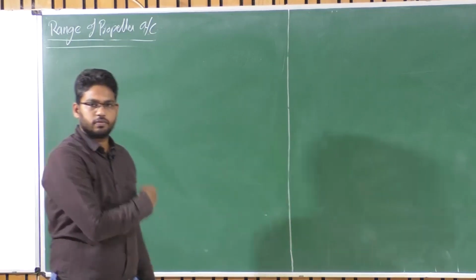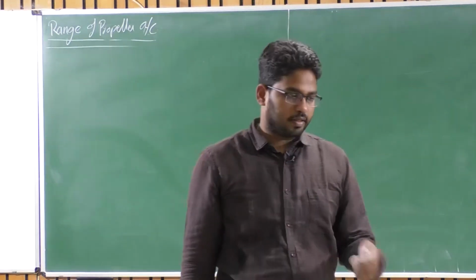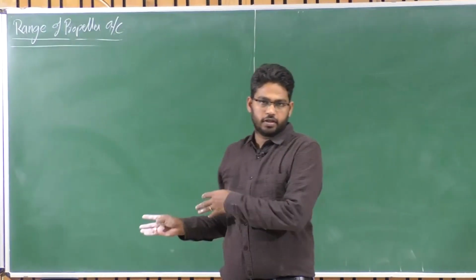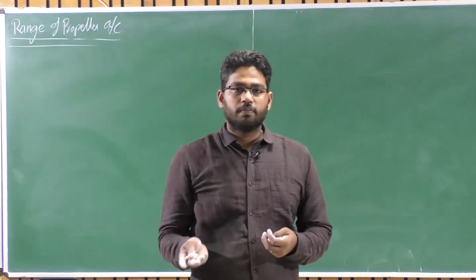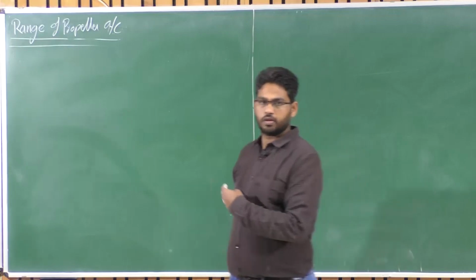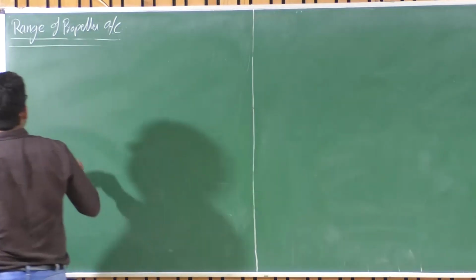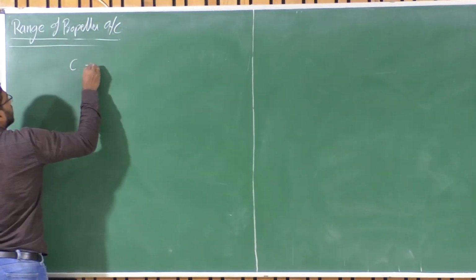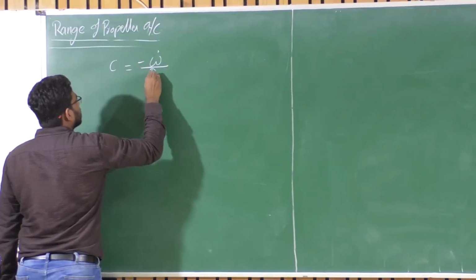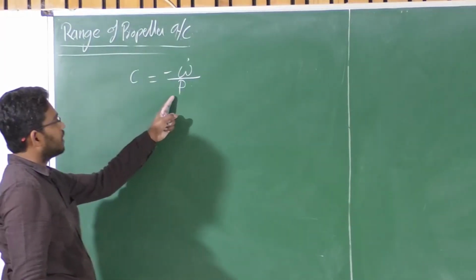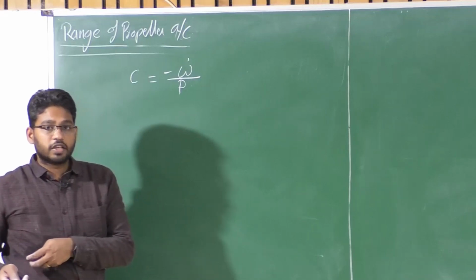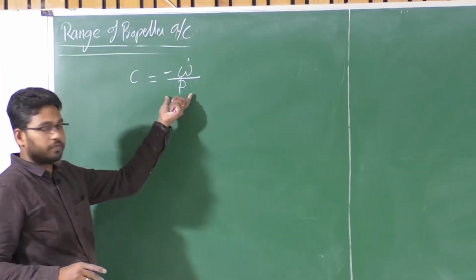Again, for a propeller aircraft, we talked about generally a reciprocating engine, right? We talked about specific fuel consumption, which here is not thrust specific but power specific fuel consumption, C, which is equal to minus W dot upon P. This P is the power generated by the engine, which for a reciprocating engine is the shaft power.